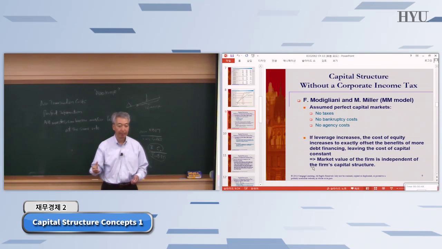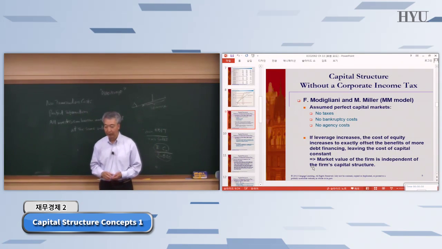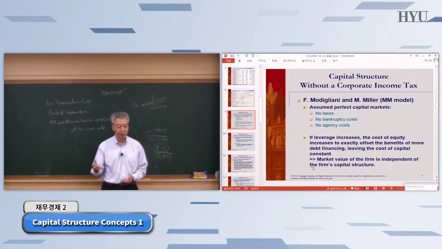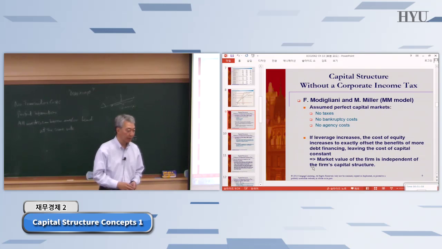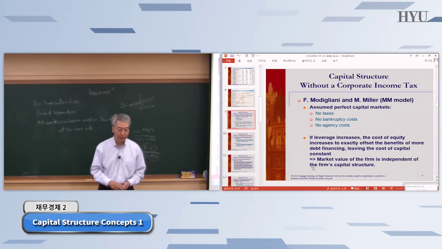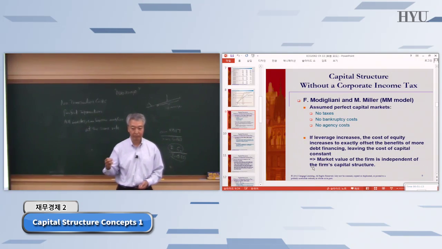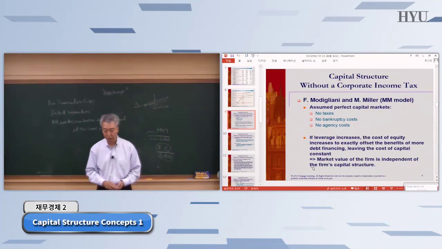Let's say Seoul city has a cigarette tax, but outside Seoul city there is no cigarette tax. So obviously the price of cigarettes will be higher in Seoul and cheaper outside. Then some people will buy cigarettes from outside and bring them into Seoul city to sell, to make a profit. That's a kind of arbitrage transaction.